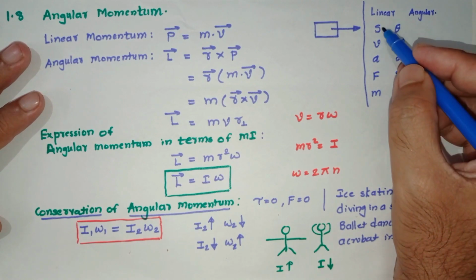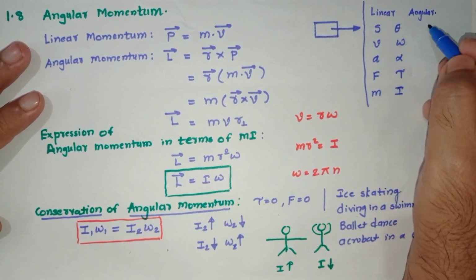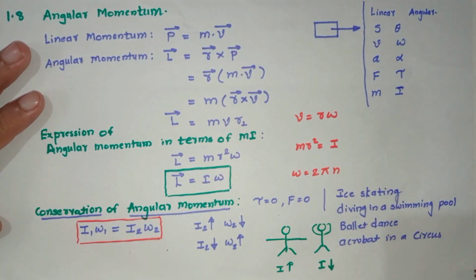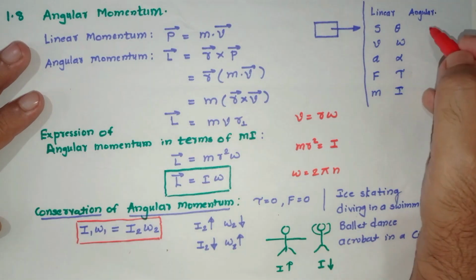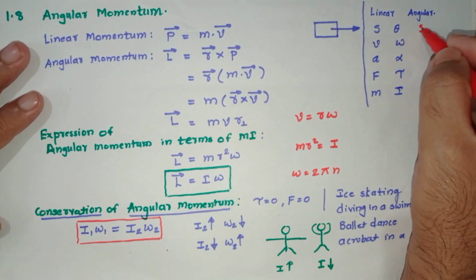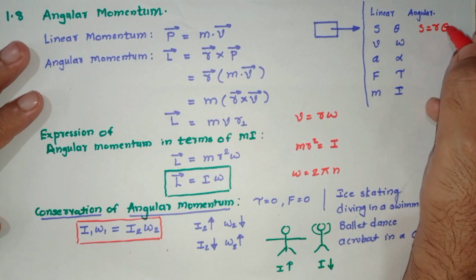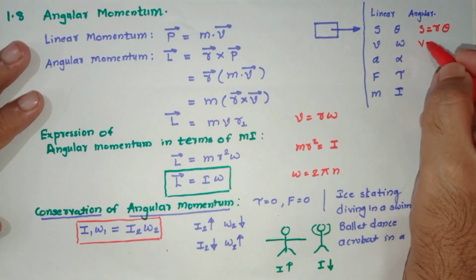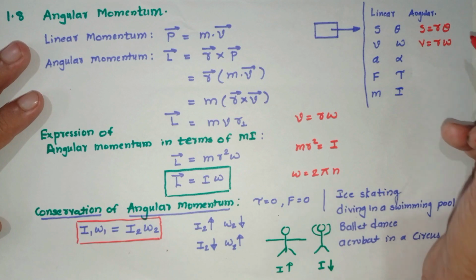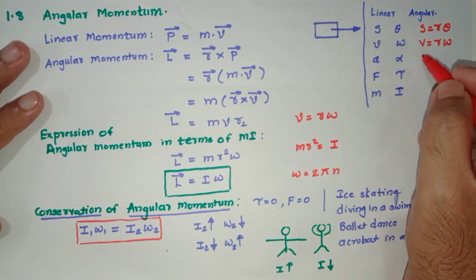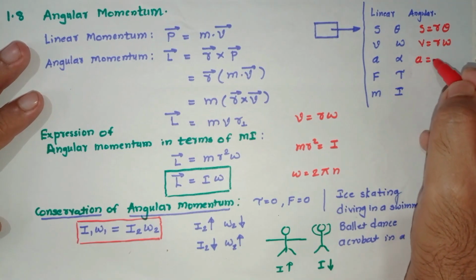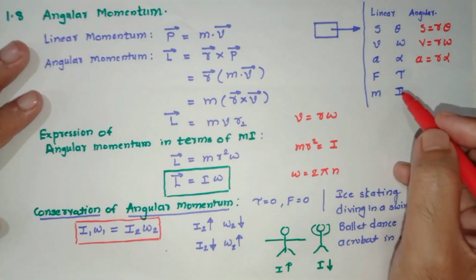The relations between these: s equal to r theta, v equal to r omega, a equal to r alpha.